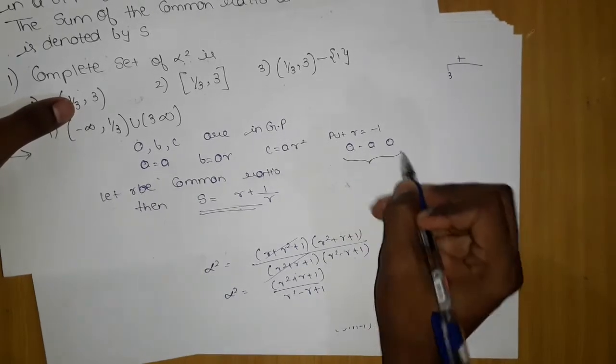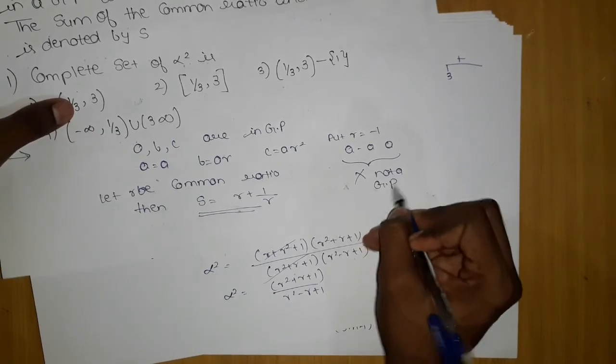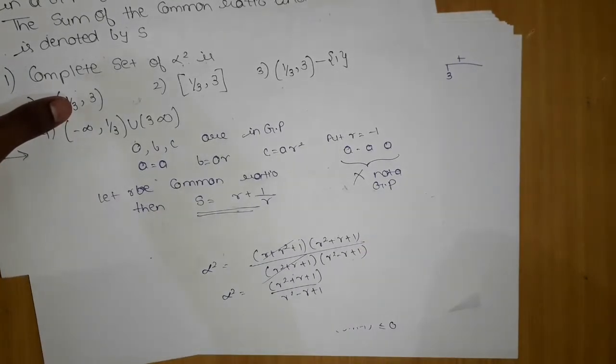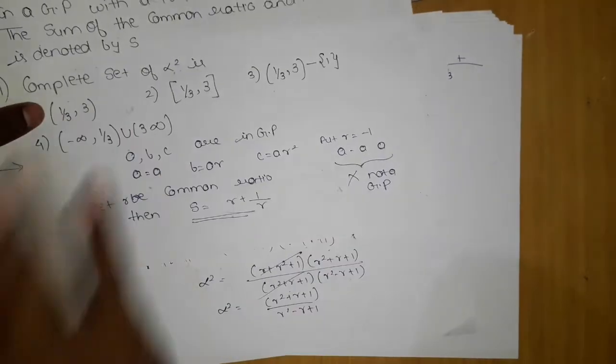So is this a GP? No longer, this is not a GP, so we cannot consider r equals minus 1. So r equals minus 1 appears when I consider m equals 1 by 3.